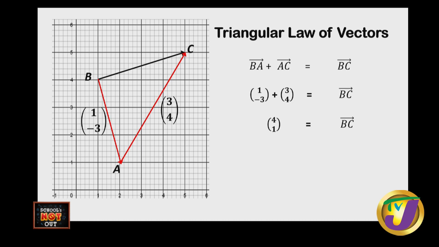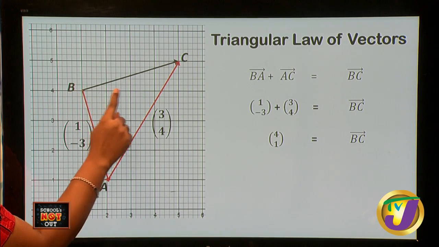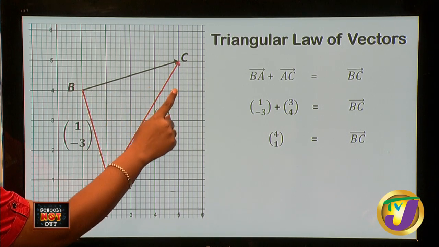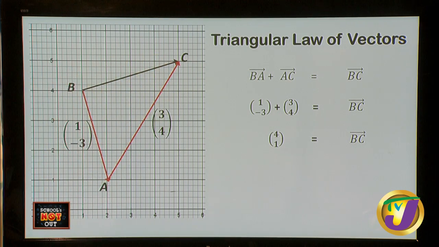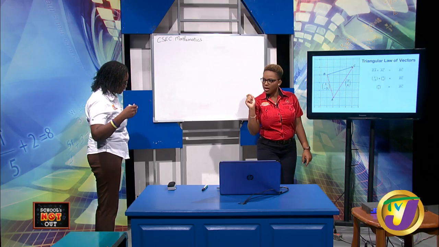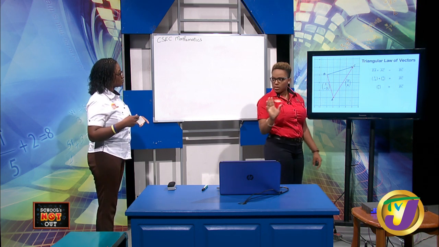All right. Verify that for me, Latoya, on our Cartesian plane. We're starting at B and going to C, right? Horizontal movement first. So we go 1, 2, 3, 4. Which direction did we go? To the right, and I know that a rightward movement is a positive movement.